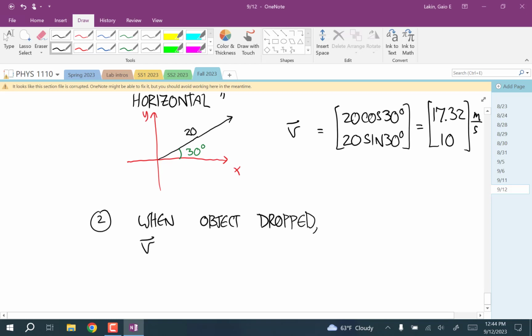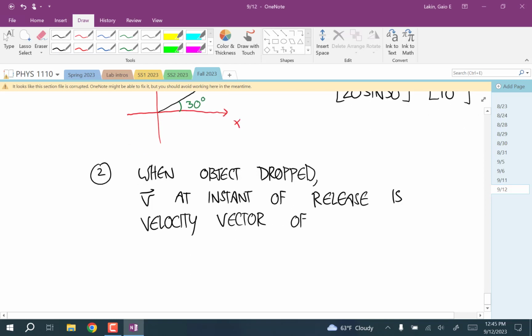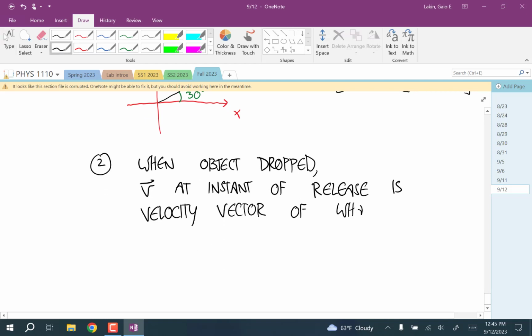The velocity vector at the instant that it's released is the velocity vector of whatever it's dropped from. So it's the velocity vector of what it's dropped from.